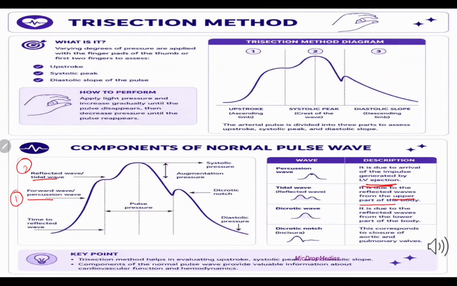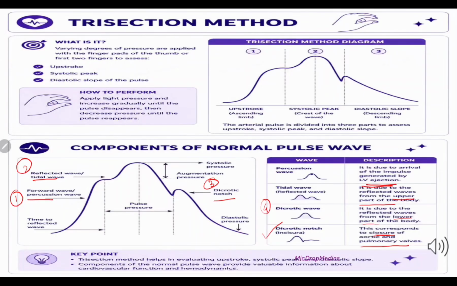Then the pressure drops, creating a sharp dip called the dicrotic notch or the incisura, which marks the exact moment the aortic and the pulmonary valves snap shut. Finally, we see the dicrotic wave, which is the rebound wave bouncing off the closed valves down to the lower body.